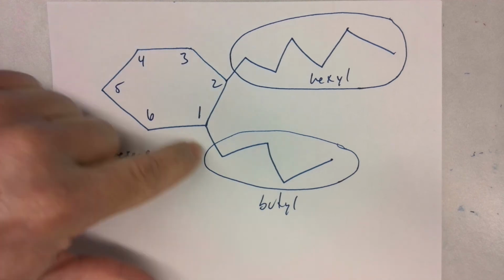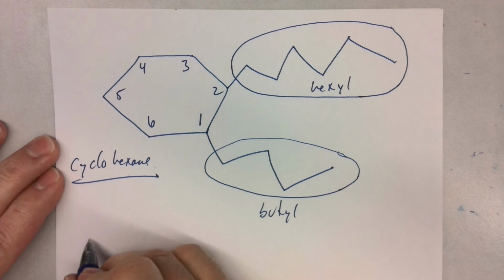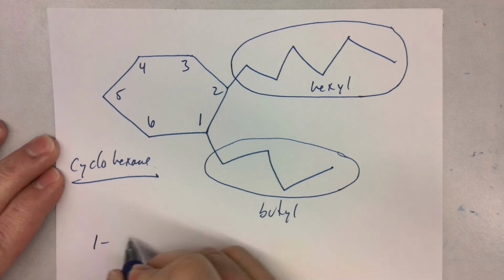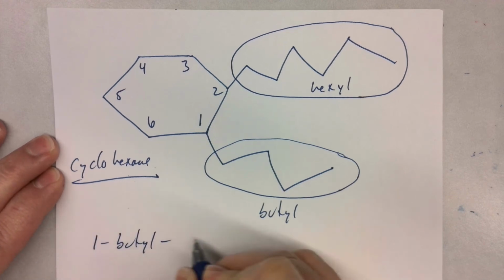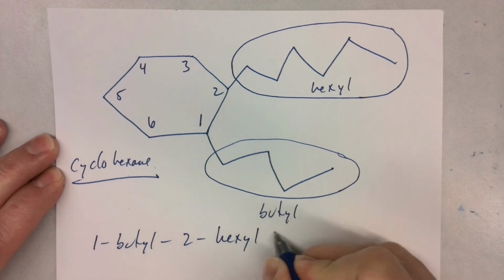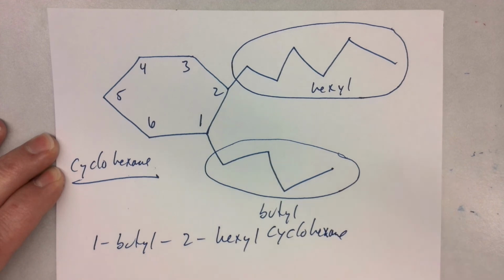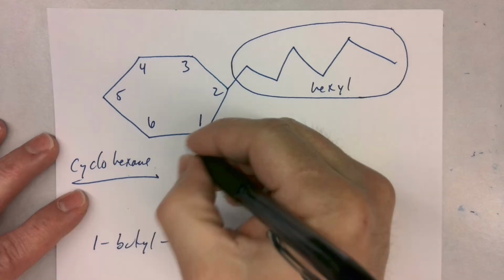Okay, so then I would name this as what? 1-butyl-2-hexylcyclohexane. Is he right? Yeah. Okay.